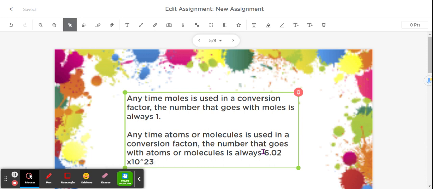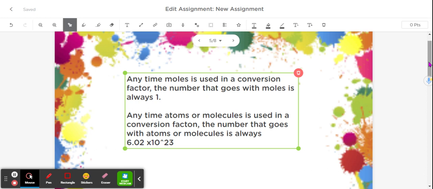So these are the kind of statements that you can say are always true. You can't say this always goes on the top of a conversion factor or this always goes on the bottom. But you can say that if we have moles in our conversion factor, the number that goes with it is always 1.